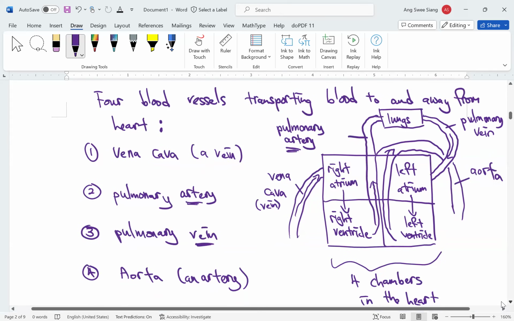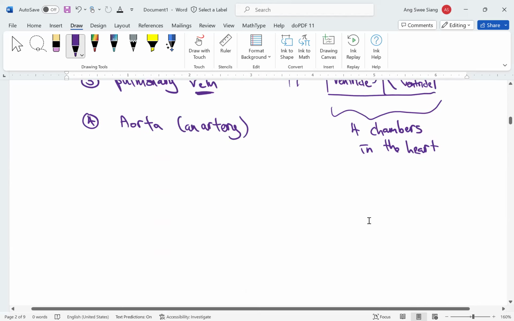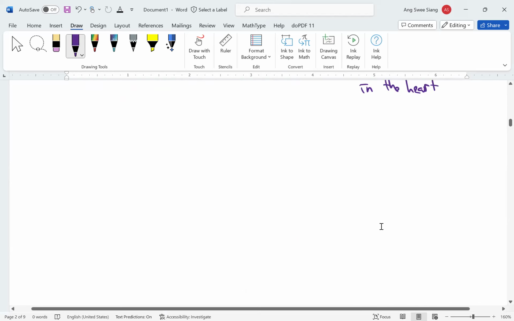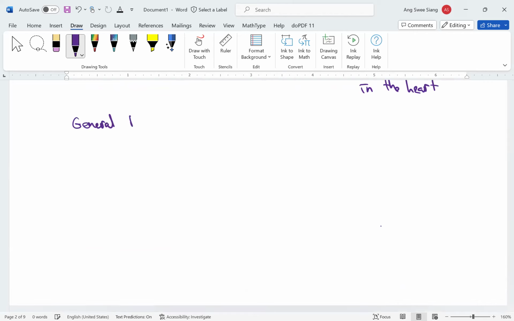Later on, I will tell you the specific function of each of them. Let's move on. The general function you need to understand to help you understand what I'm talking about subsequently.